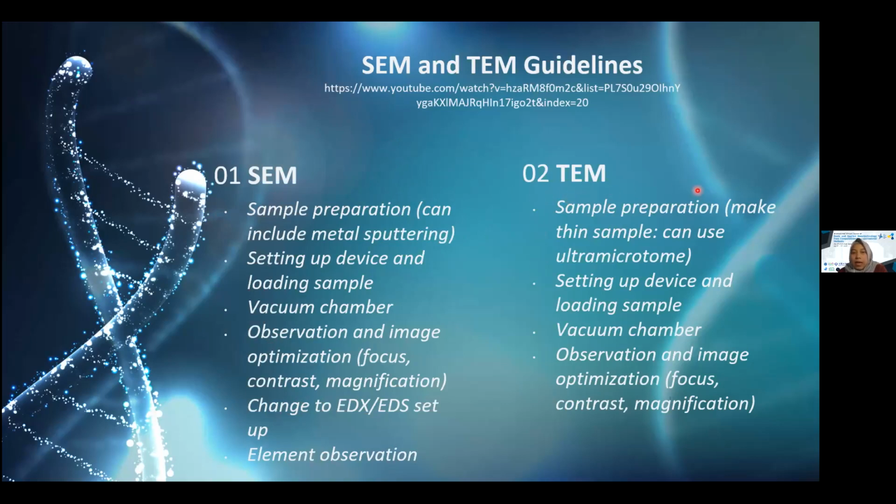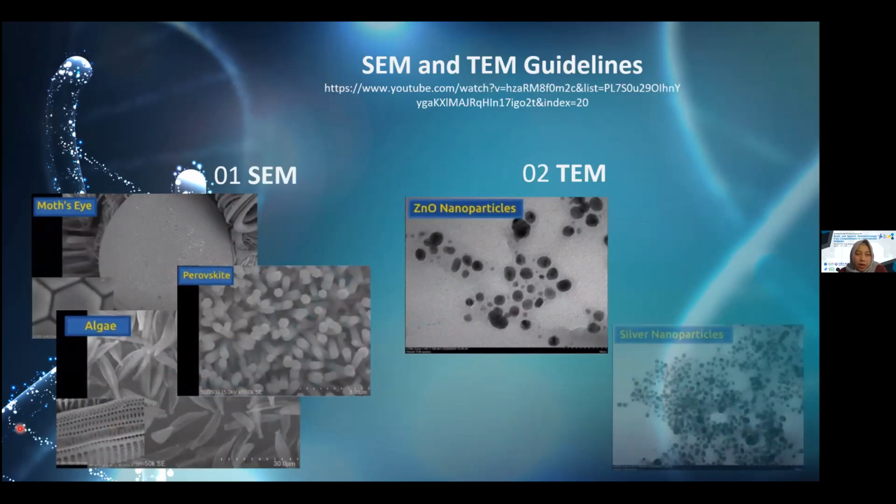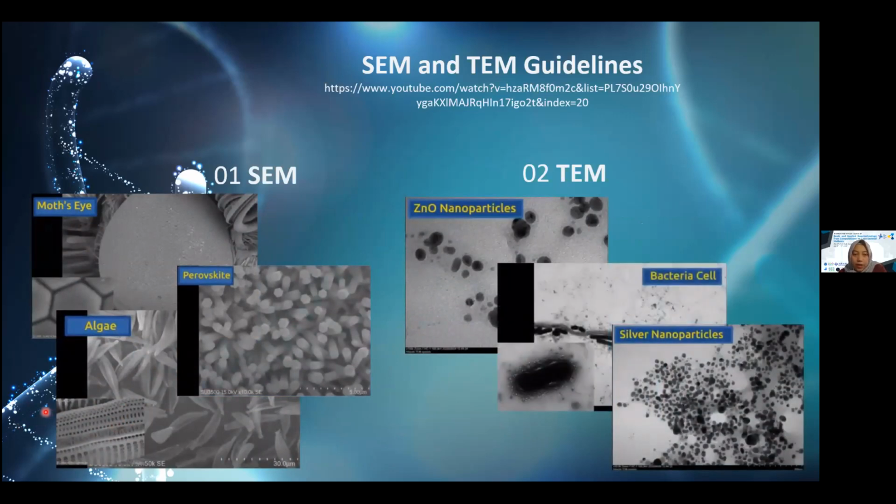While for TEM, we should make the sample very thin, for example by using ultramicrotomy. Then we were shown how to set up the device and how to load the sample, and usually a vacuum environment is needed, and how to optimize the image by setting up the focus, contrast, magnification, and others until we can get the observation. So these are some of the results which were given yesterday.